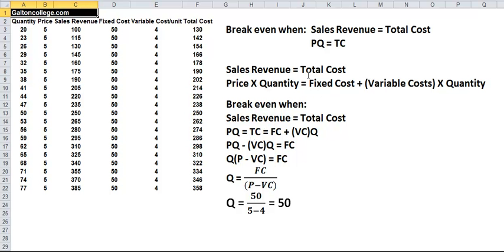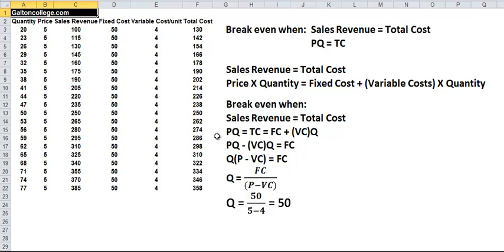Total cost is equal to the fixed cost plus the variable cost per unit times the quantity.